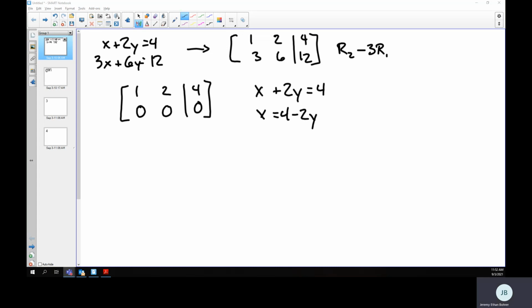Or we can solve for y and get y equals negative 1/2 x plus 2. Any of those is correct. But the important thing here is that our values for y and x depend on each other. There is no single solution.